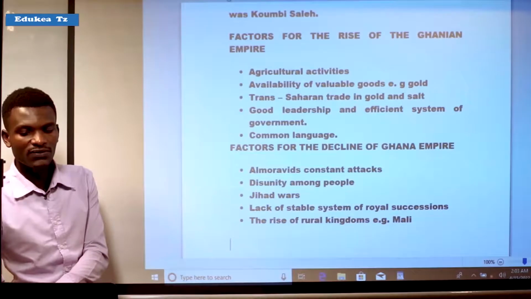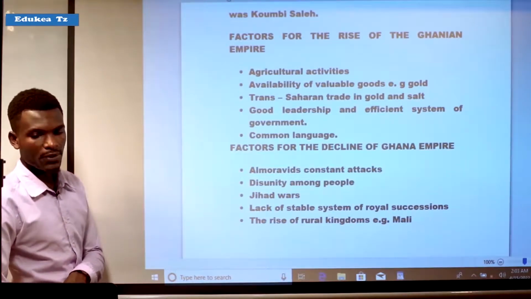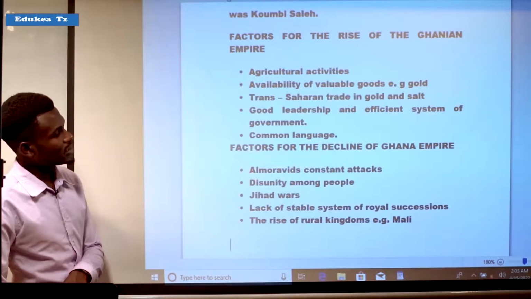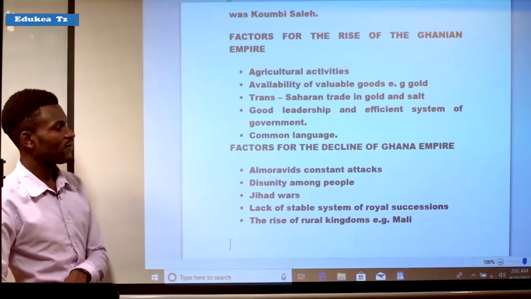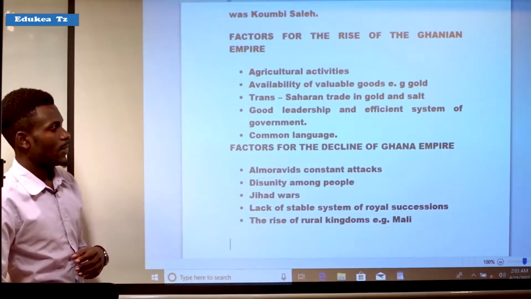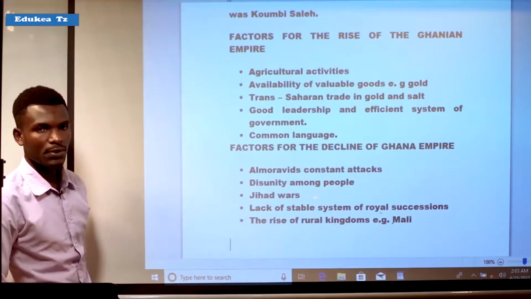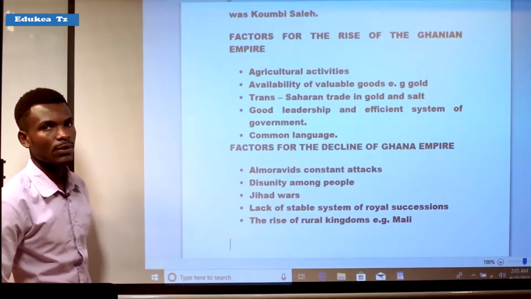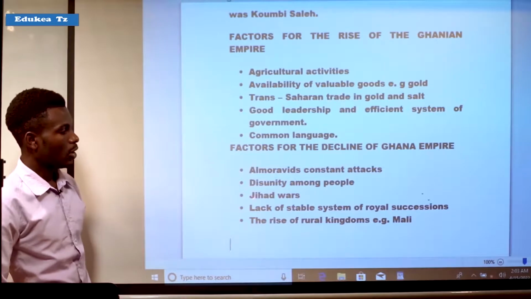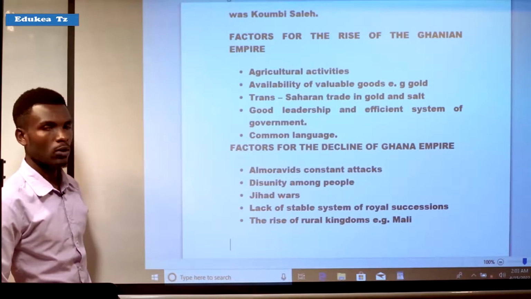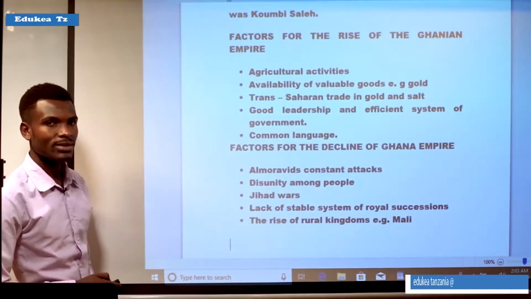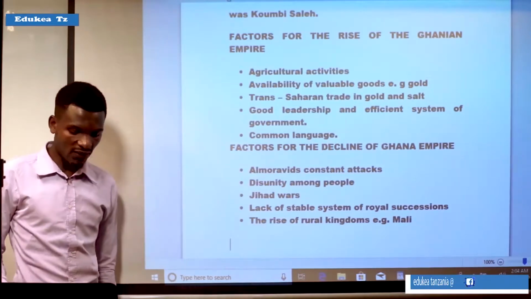Let us see the factors for the collapse of the Ghana Empire. Factor number one was the Almoravids' constant attacks. It means invasion from the Almoravids. Another was disunity among the people. It means as time went on, the people were disunited. Also, jihadi wars or Islamic holy war that happened in West Africa.